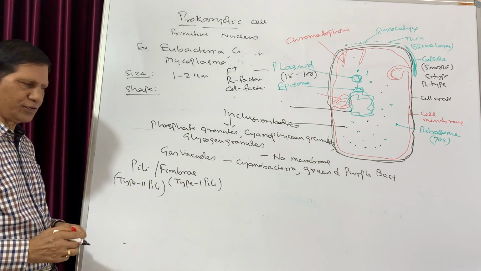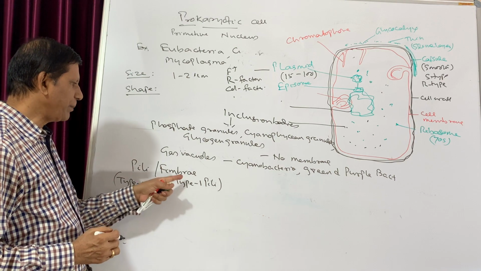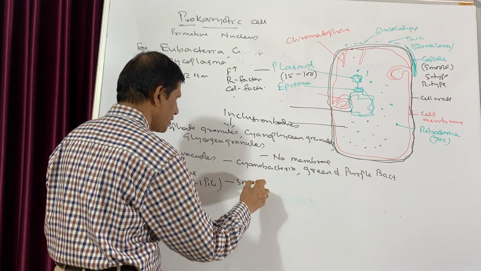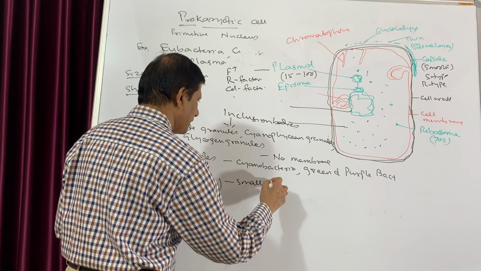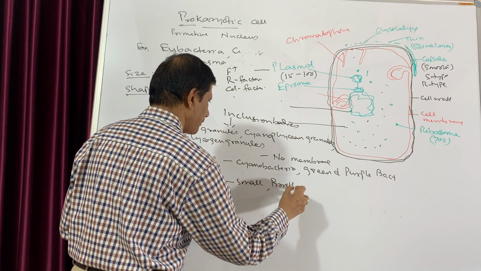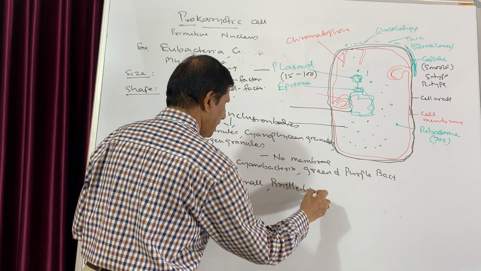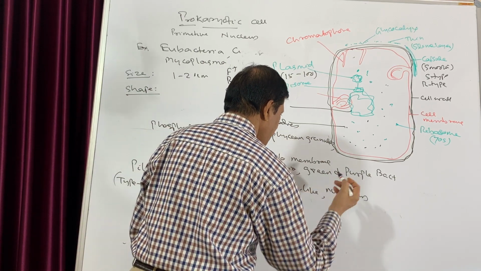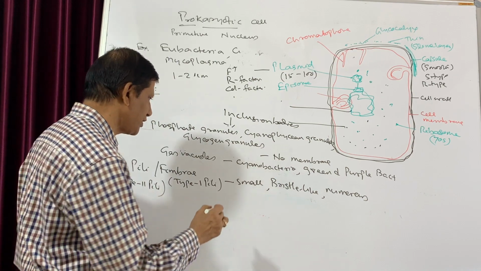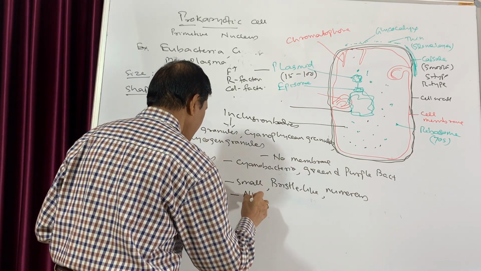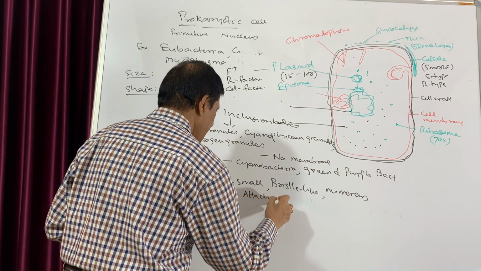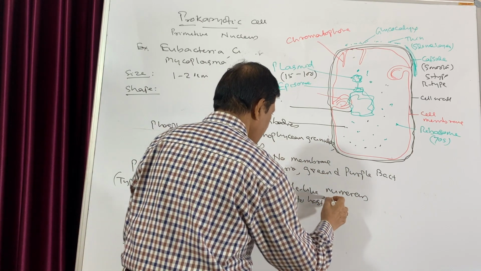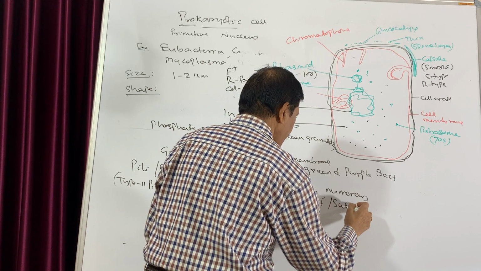Now what is the difference? The type 1 Pili or Fimbri are usually small structures, bristle-like, and numerous, and their main function is attachment to the host as well as to the substratum.